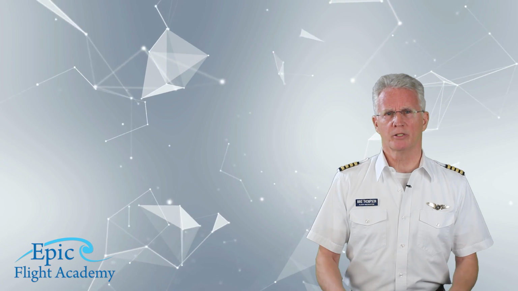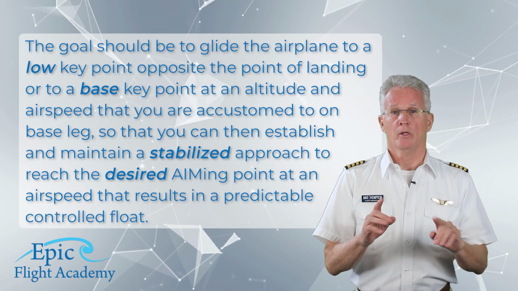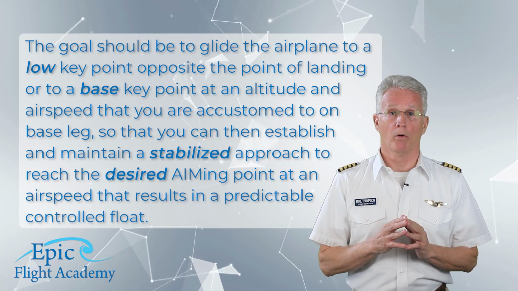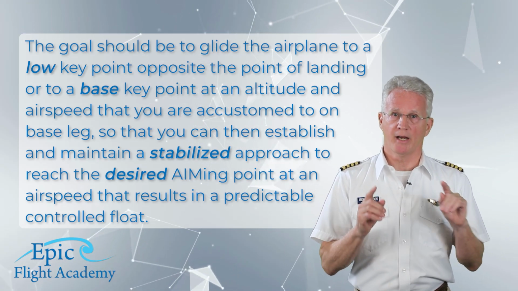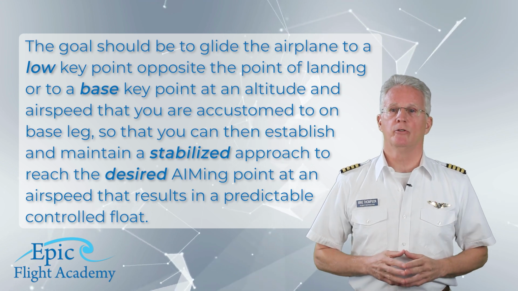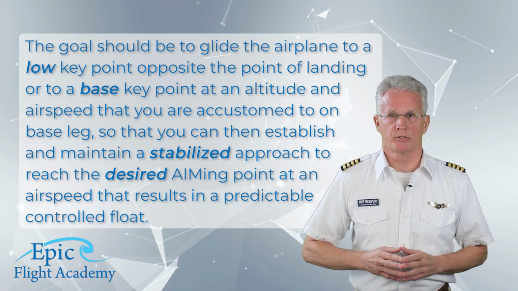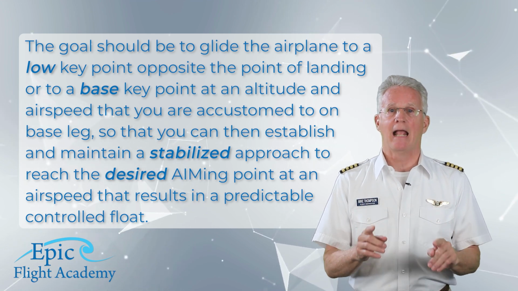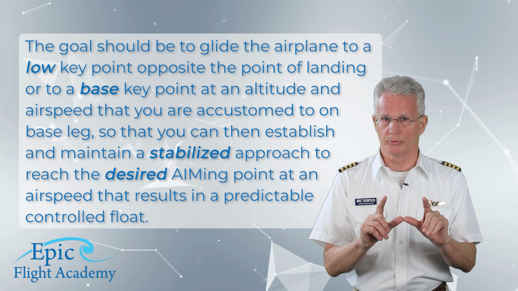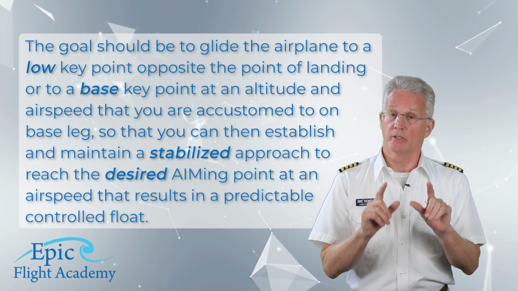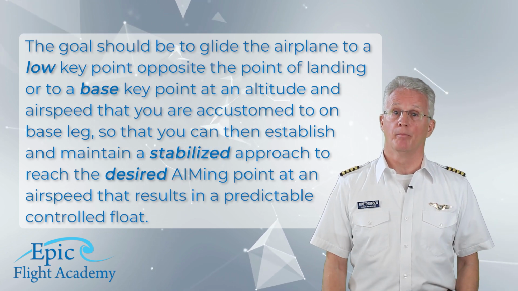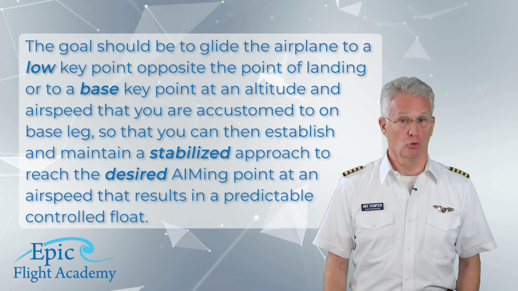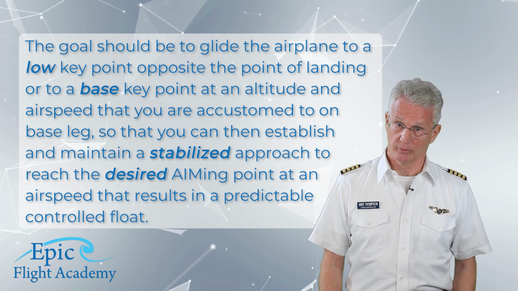The goal should be to glide the airplane to the low key point opposite the point of landing, or to the base key point at an altitude and airspeed that you are accustomed to on base legs, so that you can establish and maintain a stabilized approach to reach the desired aiming point at an airspeed that results in a predictable, controlled float.